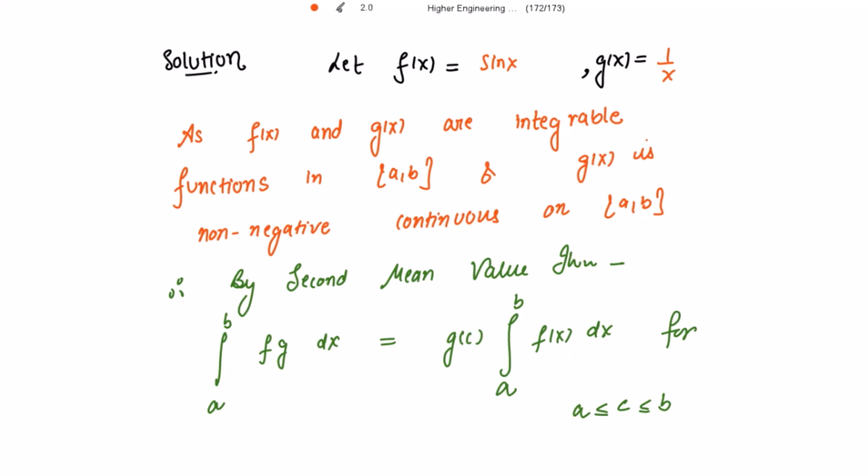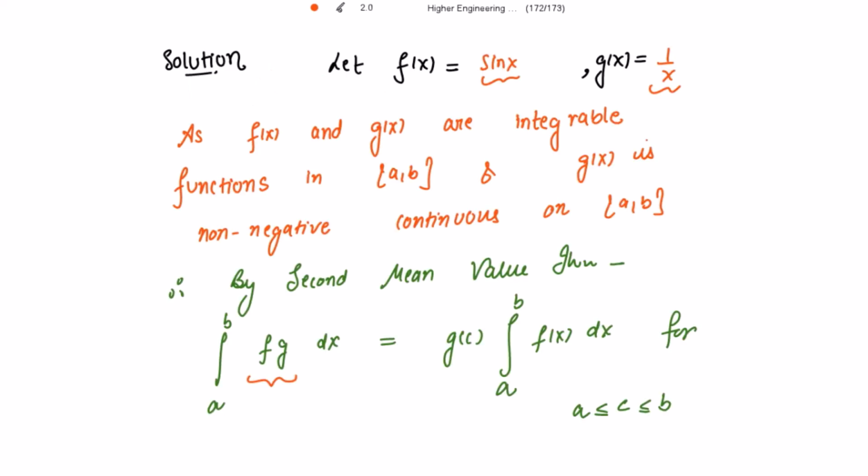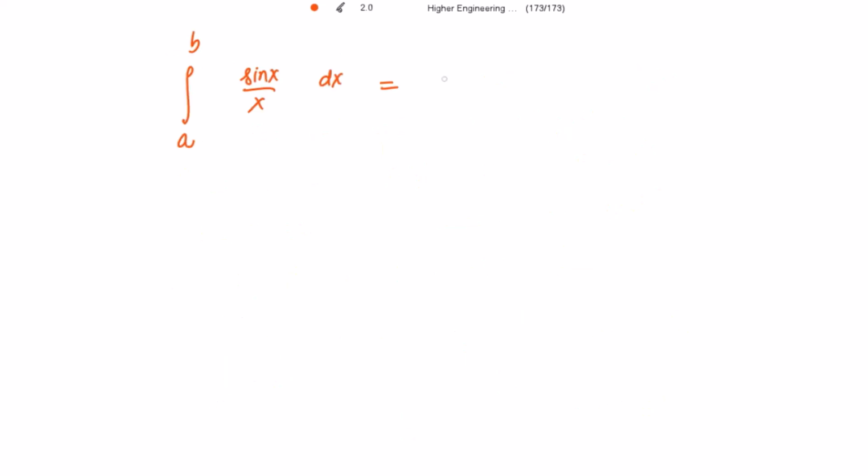Okay. So writing the product of the functions now, that is sin x into 1 by x, that is sin x divided by x. So the integral from a to b of sin x divided by x dx is equal to g(c), which is 1 by c, times the integration from a to b of f(x) dx, where f(x) is sin x.